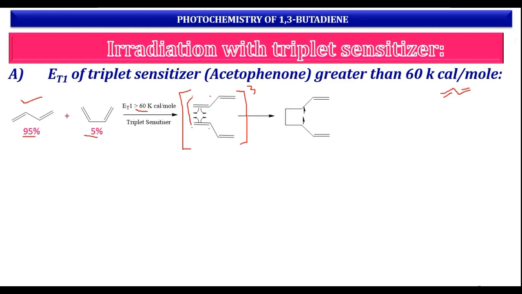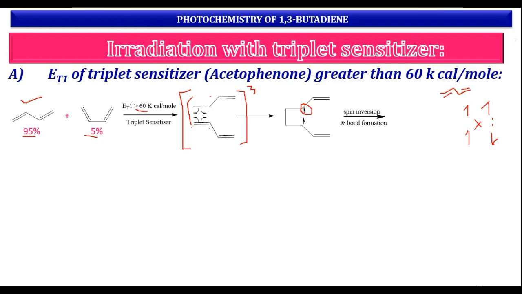So friends, here you observe the two electrons having opposite spins. If two electrons have the same spin, they cannot make a bond. If you want to make a bond, exactly the two electrons should have opposite spins. So for that, we do spin inversion followed by bond formation.